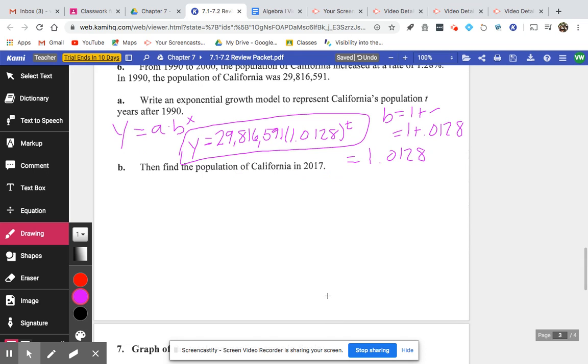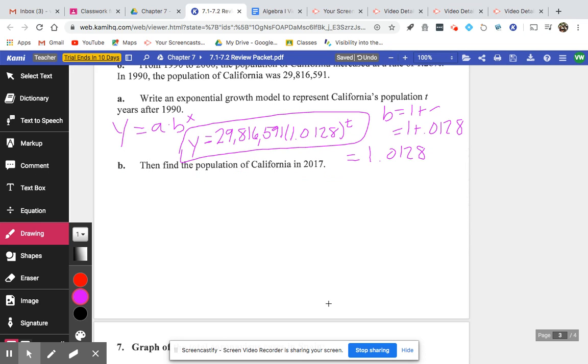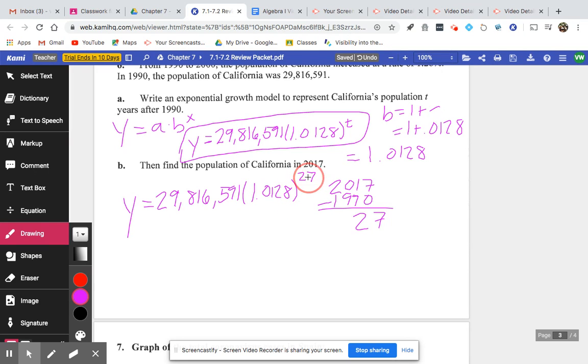Now we want to find the population of California in 2017. So here we want to take 2017 minus 1990 to find the number of years. That is 27. All right. So now we know T. So we're just going to plug it into the model that we already generated. 29,816,591 times 1.0128 to the 27th power.